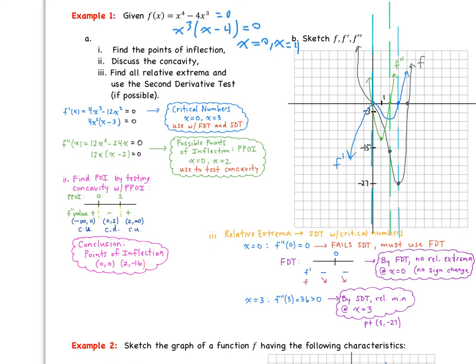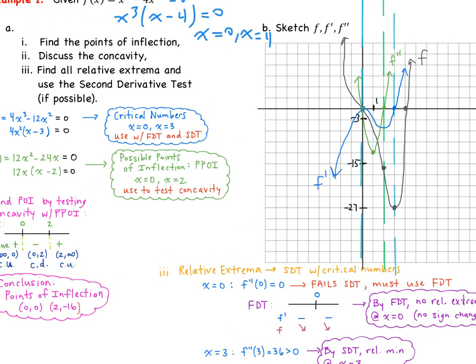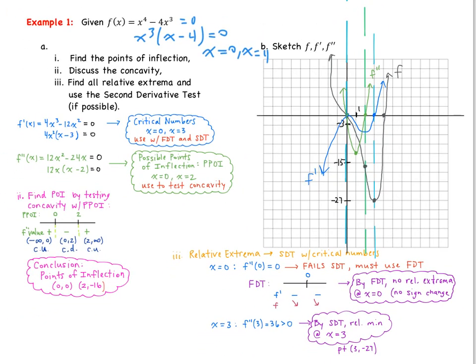And now we zoom in and we find our f double prime. We can take a look at this graph, or we know that it's this equation right here. We have ourselves a quadratic, so we should have a parabola that opens up.